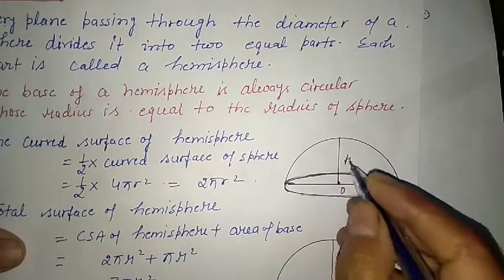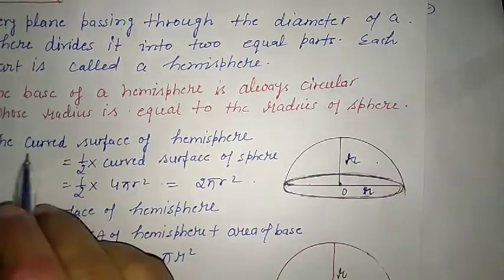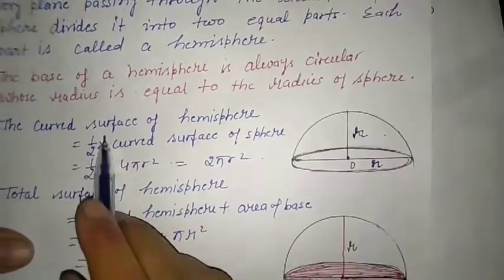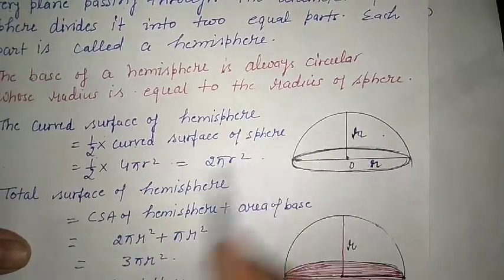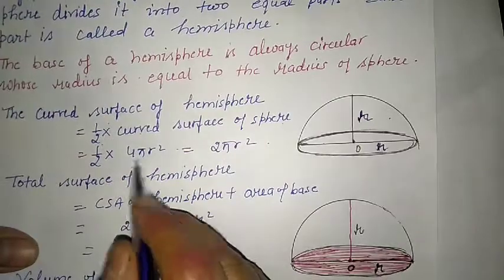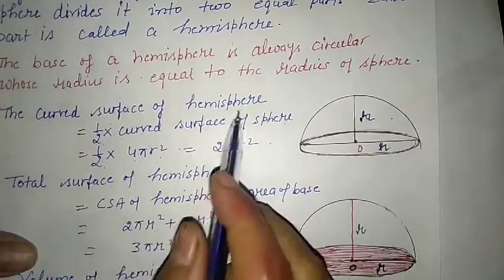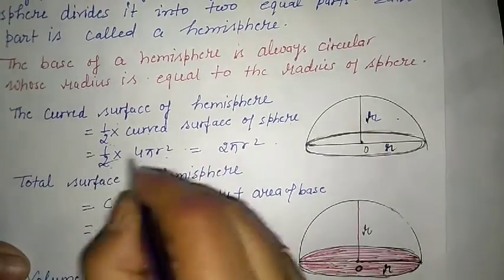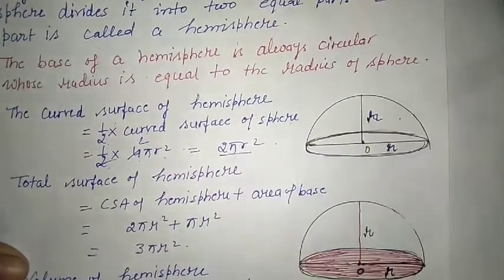Suppose we take this as r. So the curved surface area of a hemisphere is equal to half of the curved surface area of the sphere. The curved surface area is 4 pi r square; half, because we are taking the hemisphere. So we are taking half of this, and this can be cut, so we have 2 pi r square.